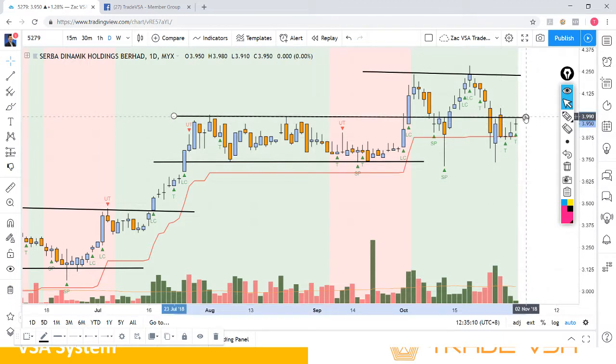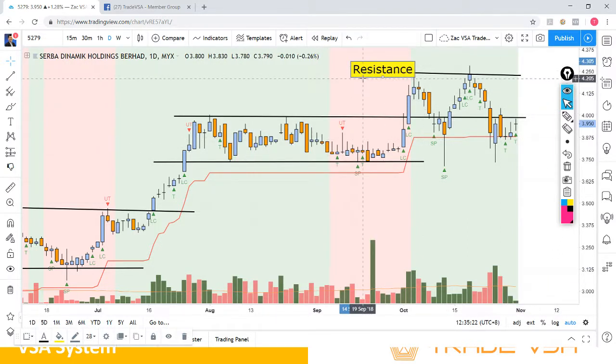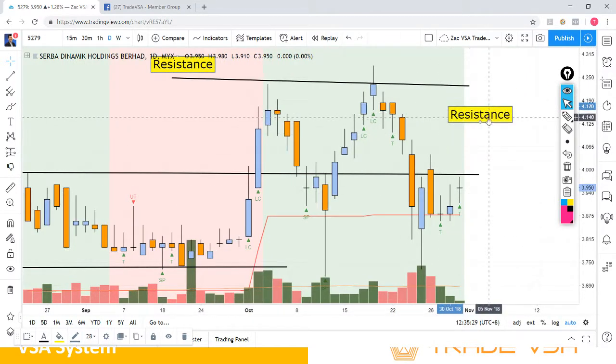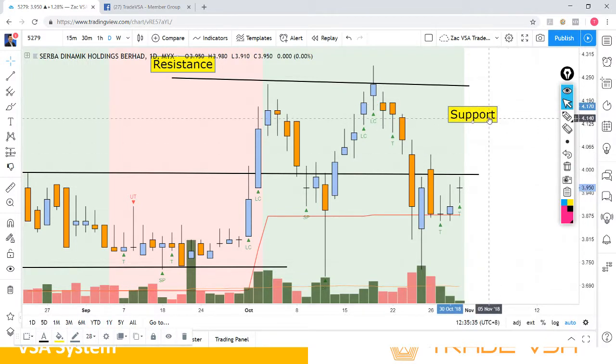This I think is pretty similar to Guangchong. This is the resistance. This is supposedly the support, right? Let me zoom in. This is the support.